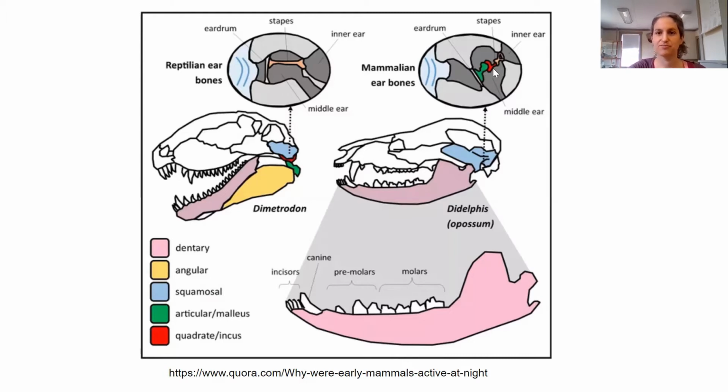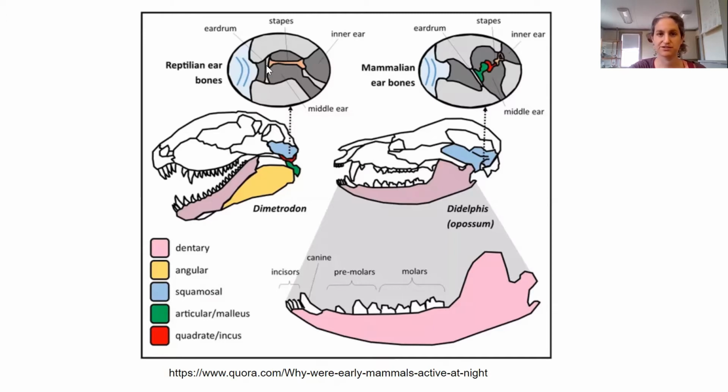And so the jaw is really connected to the ear. It's not that far for it to move, but those bones shifted position and formed this structure of the middle ear that is more complex than the middle ear of reptiles.